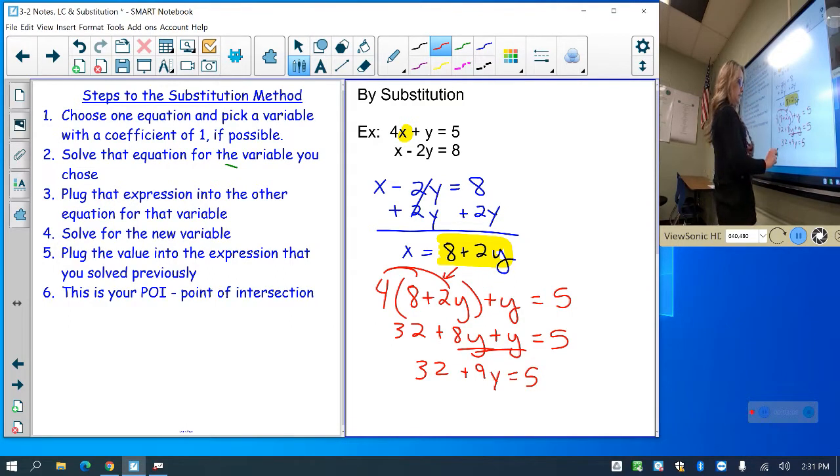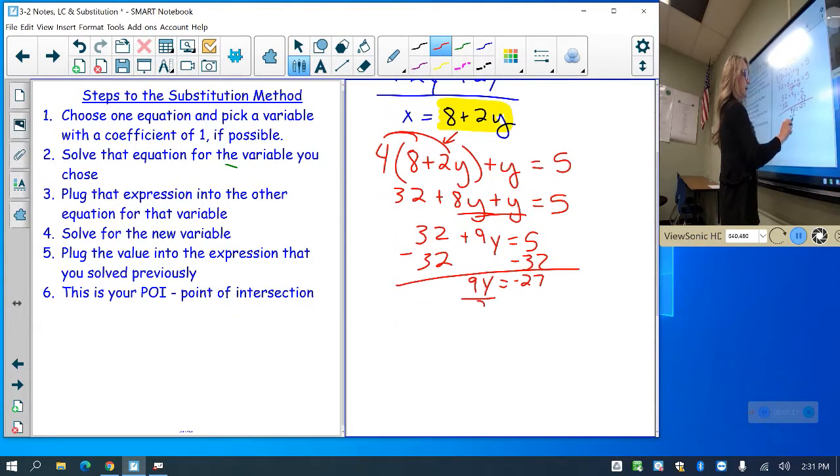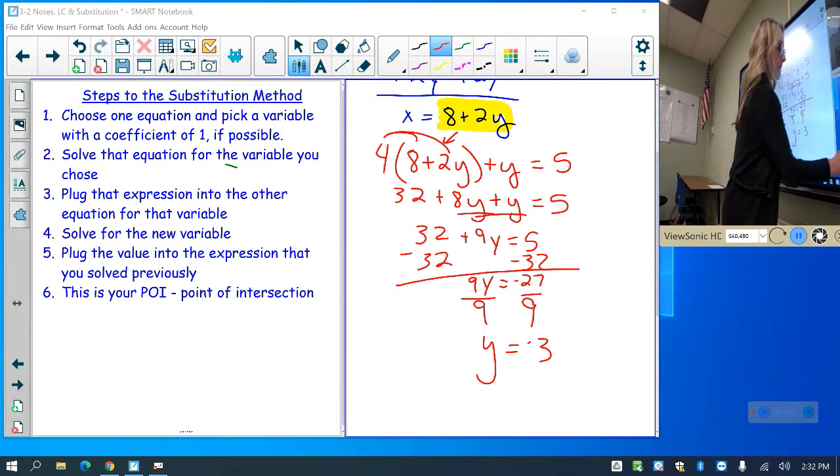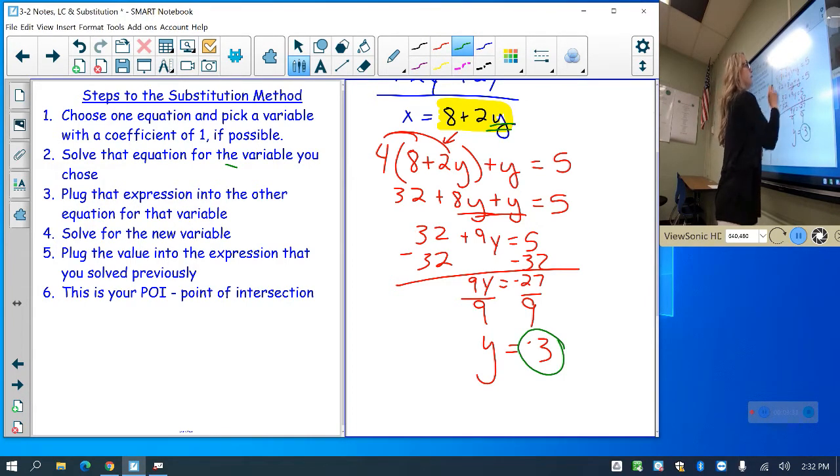Go ahead and solve, subtract 32. 9y equals negative 27. Running out of room. Divide by 9. Y equals negative 3. Once you have the solution for your y, go ahead and replace that and find x. I'm going to take that negative 3, plug it in for this y.